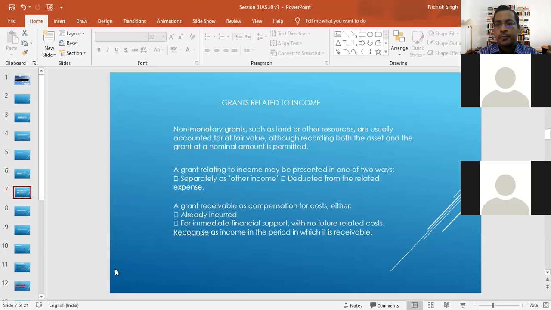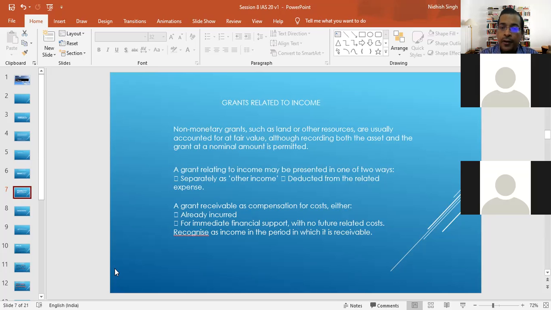Grants related to income. Okay, so there could be some grants in the income section as well. So non-monetary ones, such as land or other resources, are valued at fair value, and they actually reduce your rental or make the rental zero. So that is a grant relating to income.